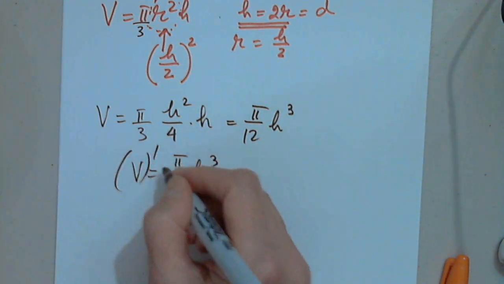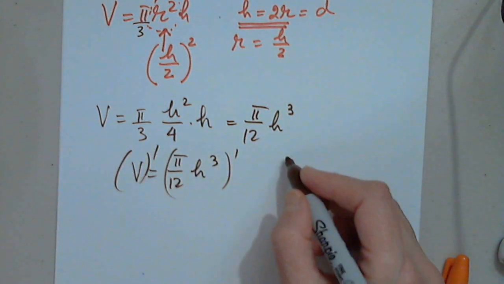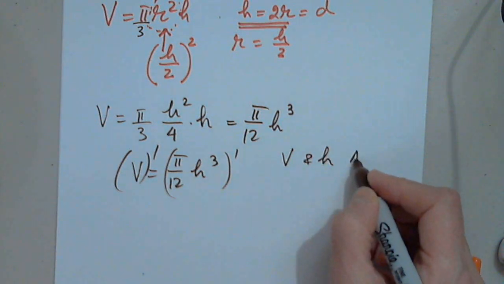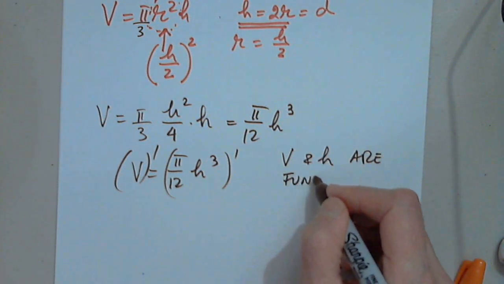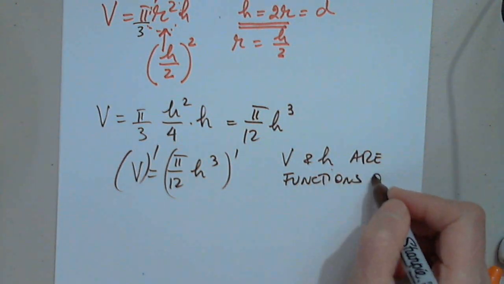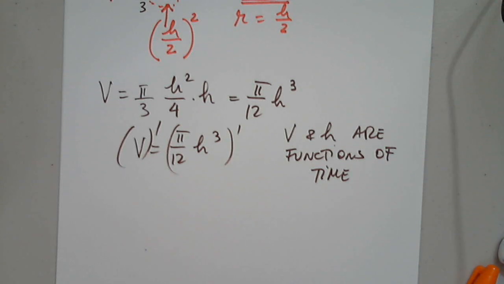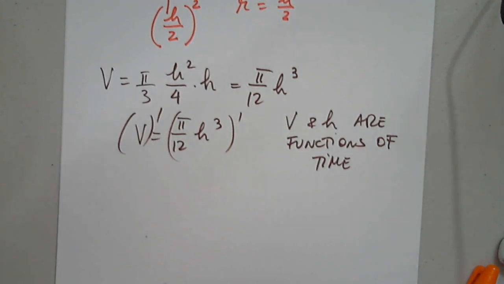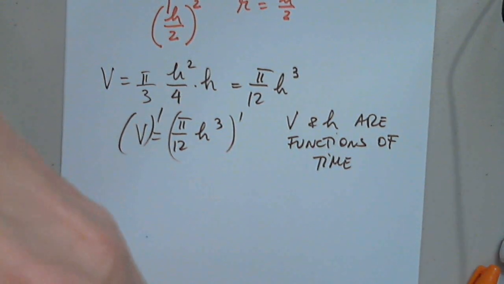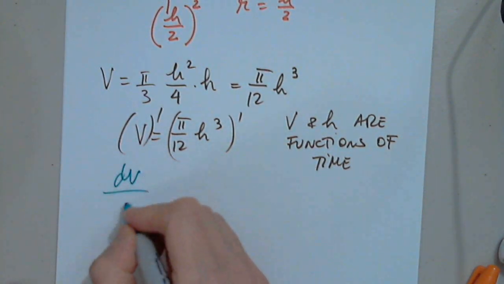And now I can differentiate both sides. Remember, V and h are functions of time, and they have to be treated that way. So let's differentiate and plug it in. The left-hand side is dV/dt. That's it.